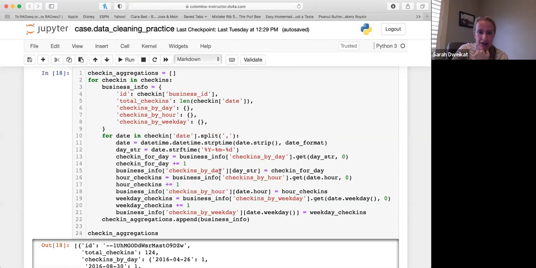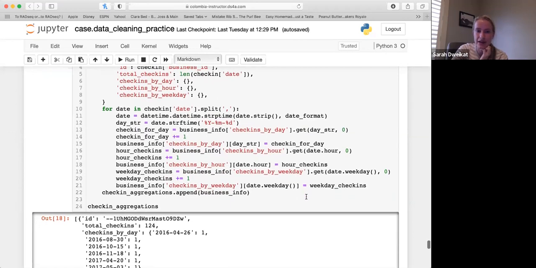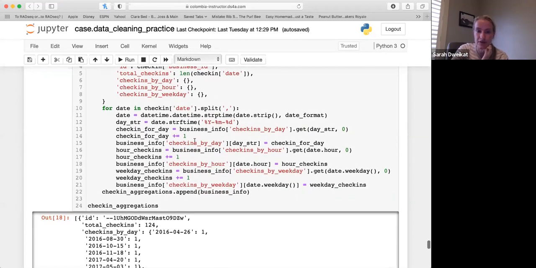We have check-ins by day, and then we have our day string, because what we're adding is we're appending to our business info, this check-ins by day. We are adding in that actual string because, if you see our output down here, we want to have the actual string printed for each date. And then we want to have however many there were for that same date.